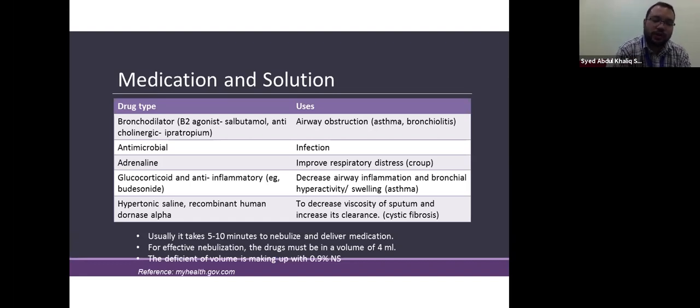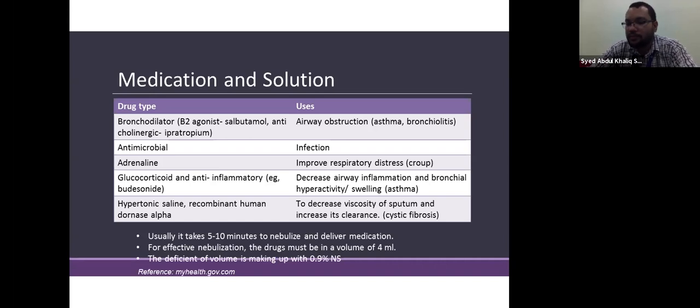Colistin we use for cystic fibrosis. Okay, that's one thing. The other thing is nebulized adrenaline. Other than croup, we can also use it for post-extubation stridor, such as subglottic stenosis post-extubation. Sometimes we can give nebulized adrenaline as well.